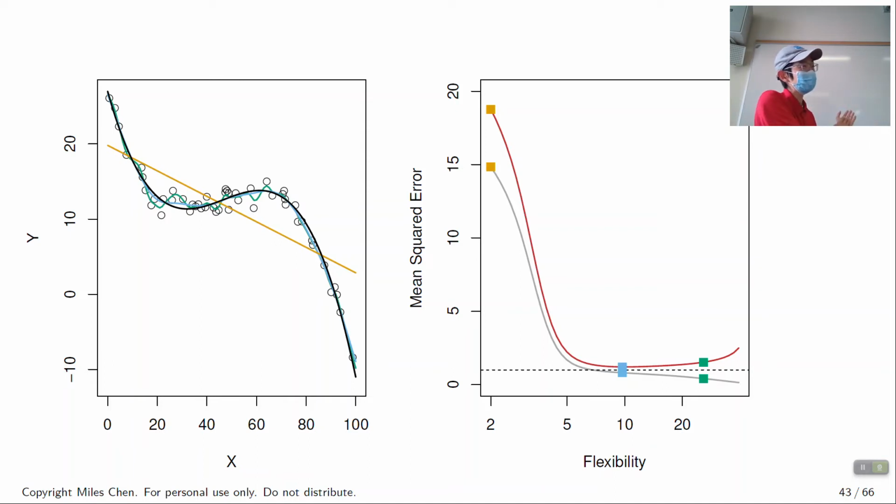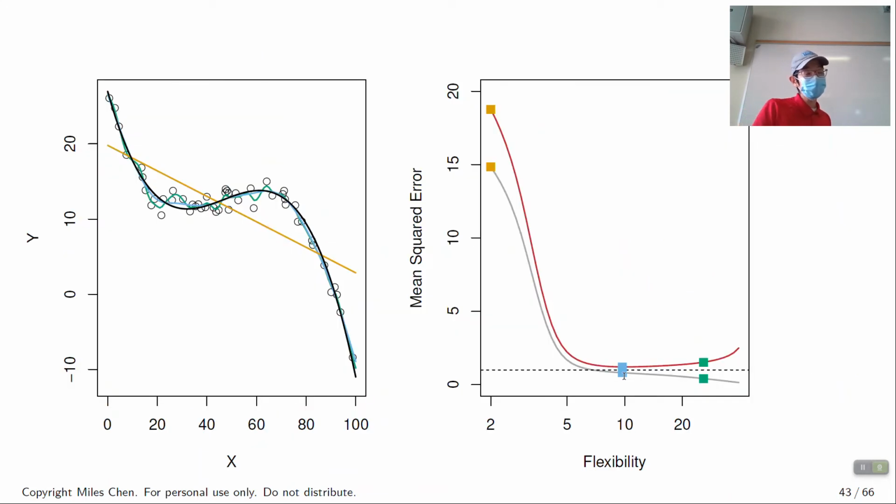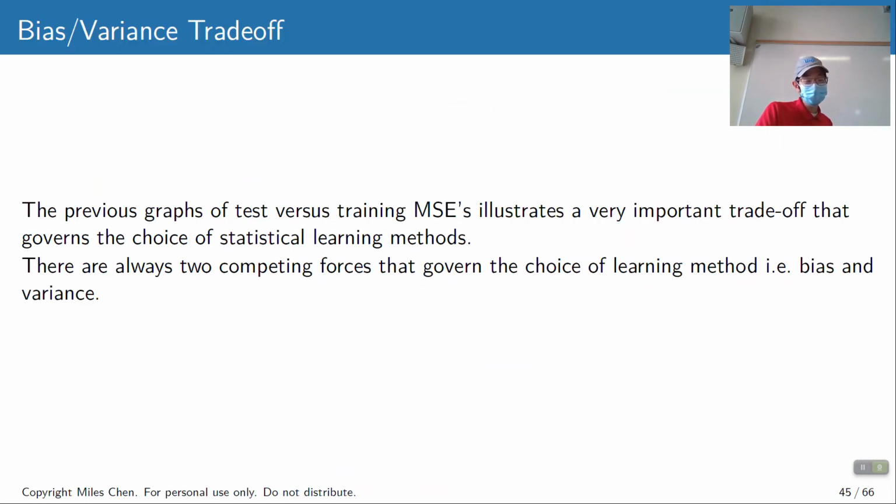You don't want something super inflexible. You don't want something super flexible. In terms of test MSE, something in the middle performs the best, whereas linear relationships are great when linear relationships work, but if not, linear relationships do bad.